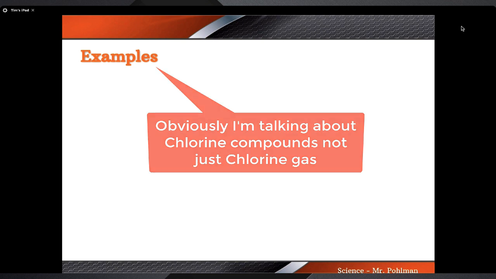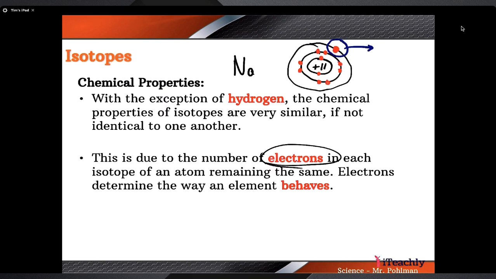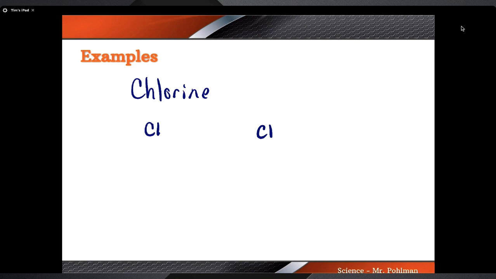Now, I'm just going to give you 2 of the common examples of chlorine. First, we'll put down chlorine, looking at 2 isotopes of this. The first thing I want to point out is that chlorine, regardless of the isotope, is going to have the exact same atomic number of 17.